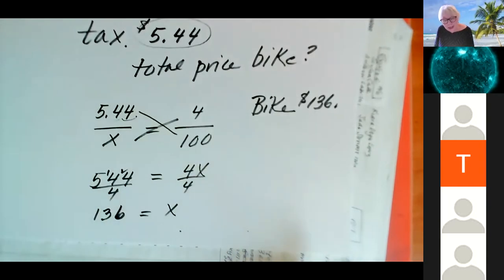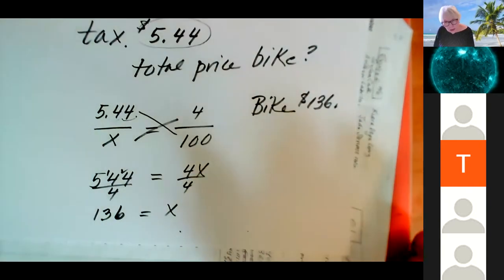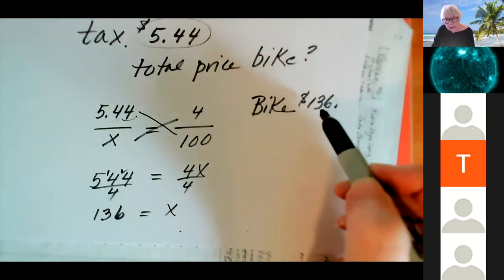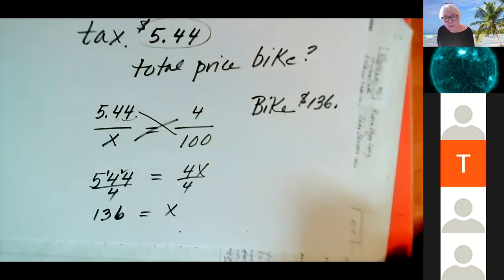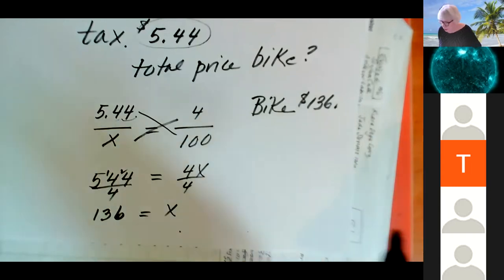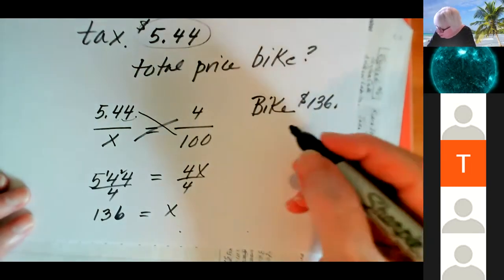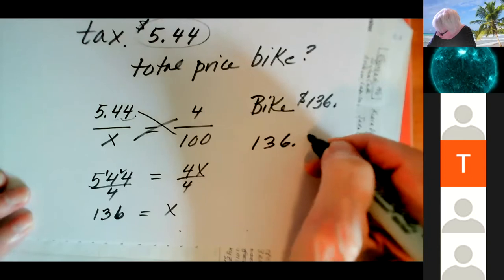Now, this is the little extra thing. If they ask what the cost is, is it 136 or something different? You have to add the tax to it. Everybody knows this.